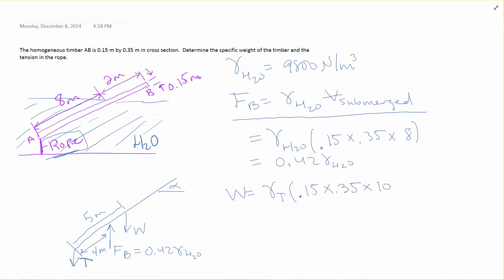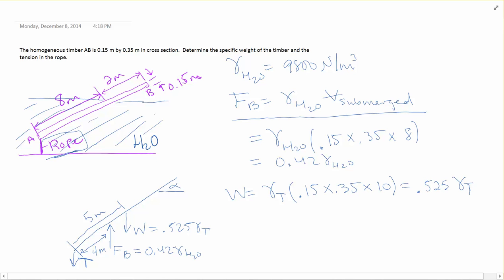So now we're going to put times 10, okay? Because again, we're finding the weight of the whole board, so we don't care how much of it is underwater or not. We want the entire length of the board. Now if we do gamma times volume, that is going to give us a weight. So multiply all that out, we're going to get 0.525 times gamma sub T. Now this gamma sub T is what we're looking for.